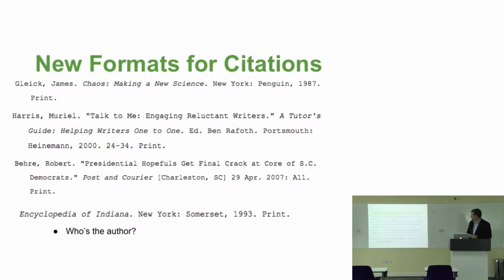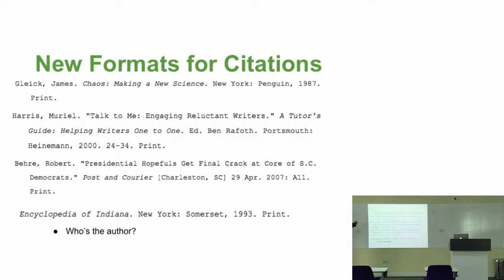So what do these look like now? We started off looking at traditional journals and traditional compilations or anthologies. We have some new formats here. We have, again, our author, the book, the place of publication, the publisher, and the date. And then what's new is we have the medium, print.